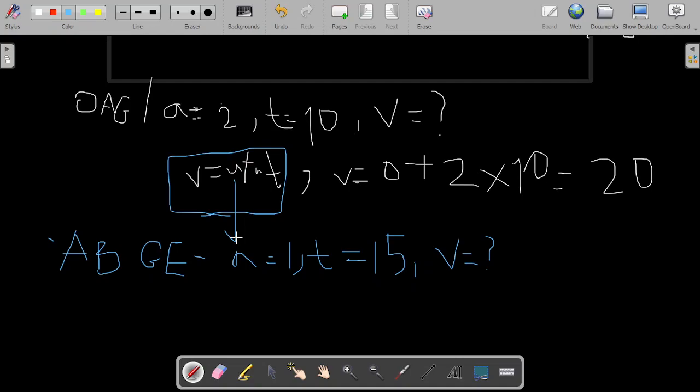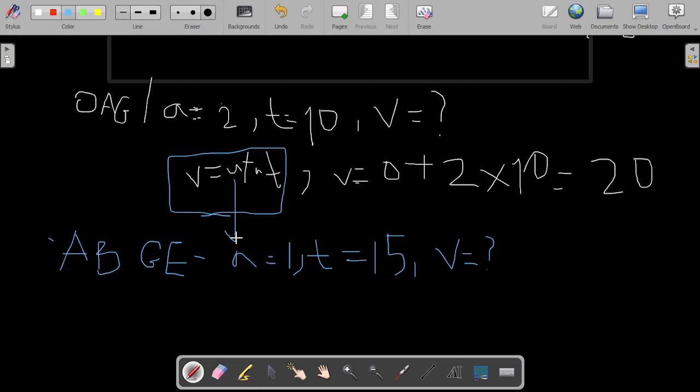It's already given in the question. For OAG, we discovered that the initial velocity is 0, but for BF, the initial velocity is 30, because looking at this, the velocity here starts from 30, then ranges to this point. So we need to understand that. So this is the velocity for ABGE. The initial velocity is 30.